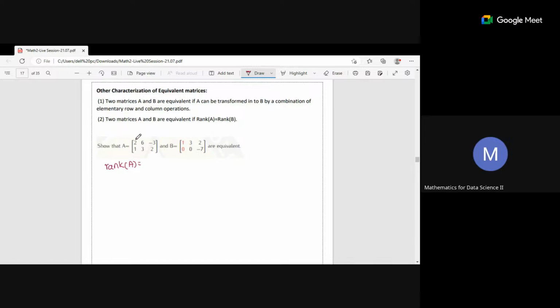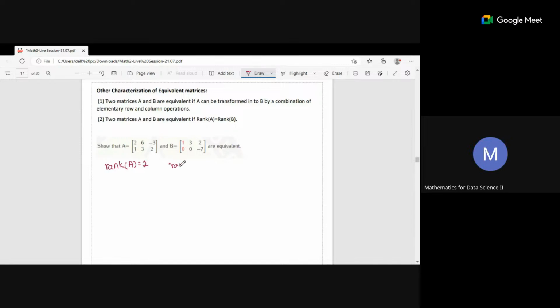You see the first two columns are dependent because the second column is just a multiple of the first column, so only one independent column is there in the first two. What about the third one? The first one and third one, are they independent? Yes or no? They are independent, right? So what can be the rank of A? You have two independent columns, so 2.